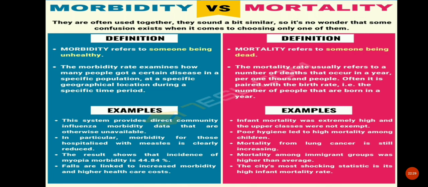And the city's most shocking statistic is the high infant mortality rate. So these are often used together. They sound a bit similar. So it's no wonder that some confusion exists when it comes to choosing only one of them, the morbidity and the mortality.